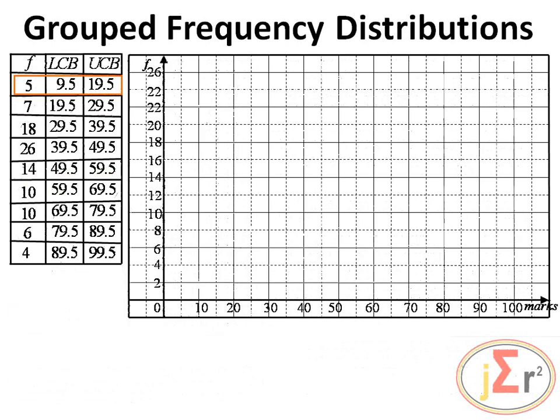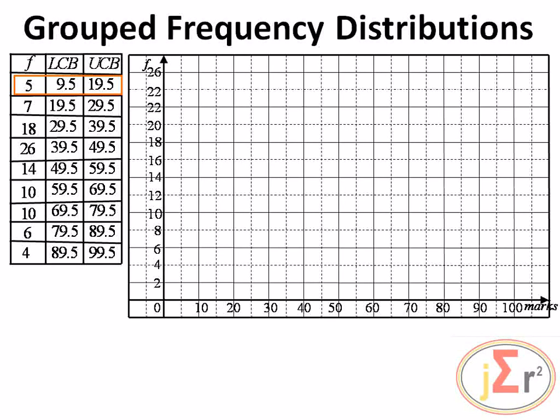Now we are going to use the information to construct our histogram. Of course we have, this is our frequency axis and this is our marks axis. And of course the lower class boundaries and the upper class boundaries are descriptions of the marks that we have in our initial table.